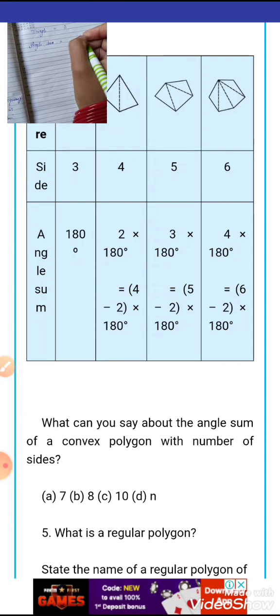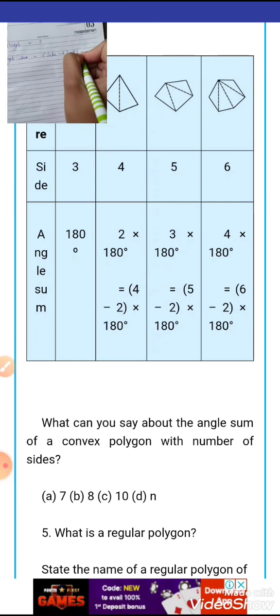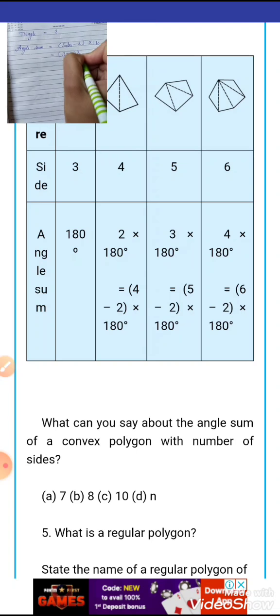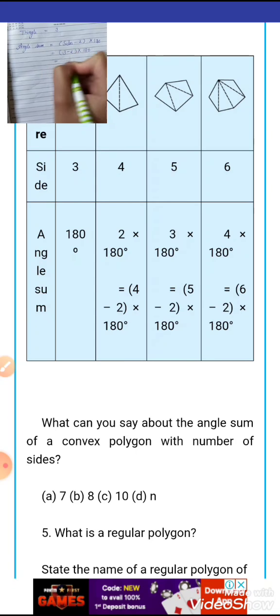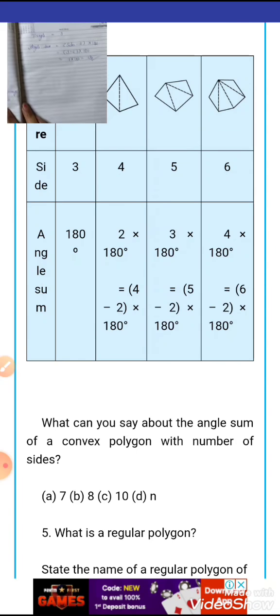So apply our formula, (sides minus 2) multiplied by 180. The number of sides in a triangle is 3, so (3 minus 2) multiplied by 180. 1 multiplied by 180, and our answer is 180 degrees. It is true for a triangle.